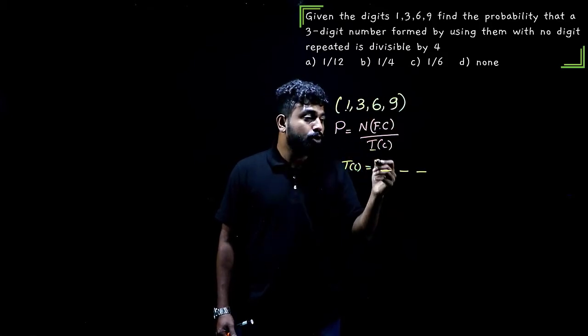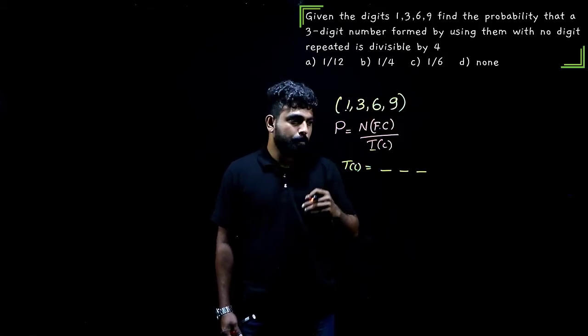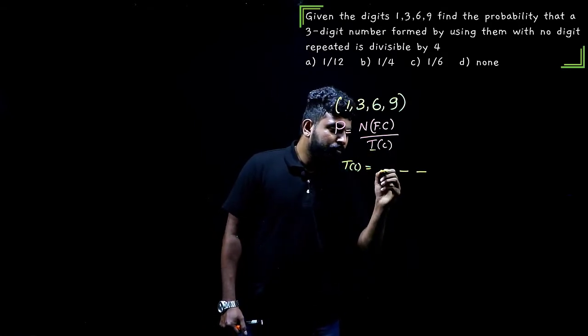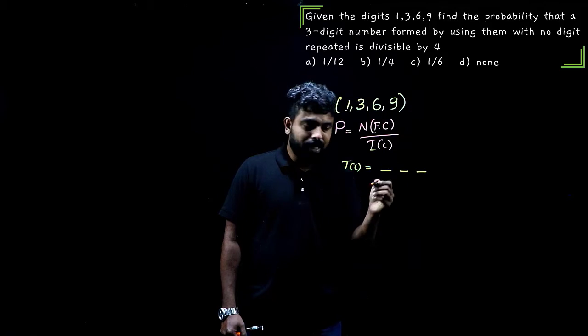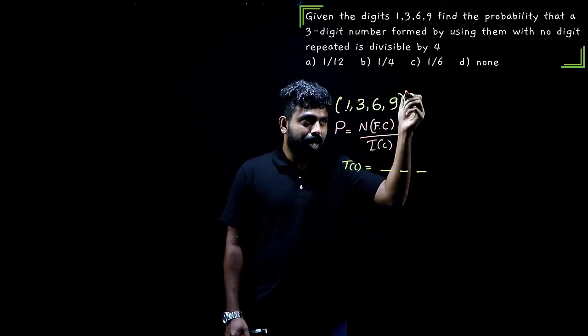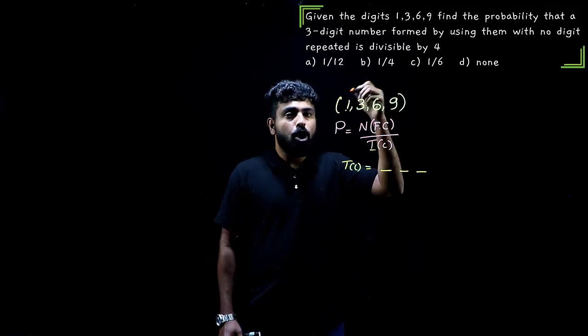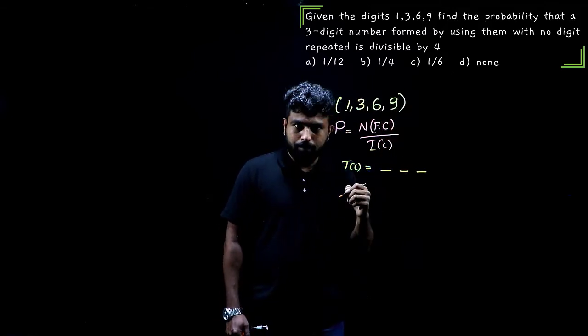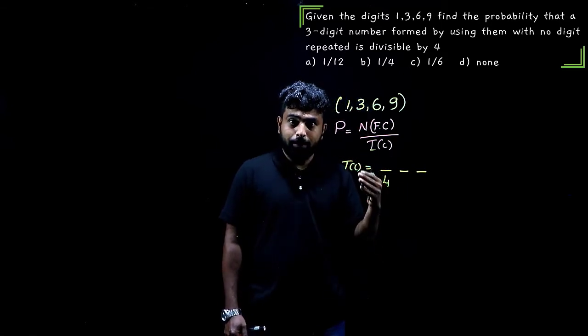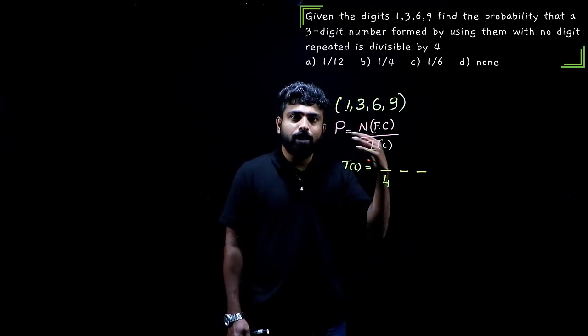In how many ways can I fill my first blank here? I can use either 9, 6, 3 or 1 to fill my first blank here. So I can fill this blank in 4 different ways. Am I right?